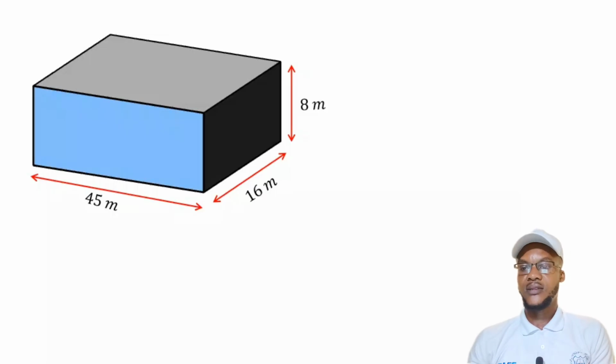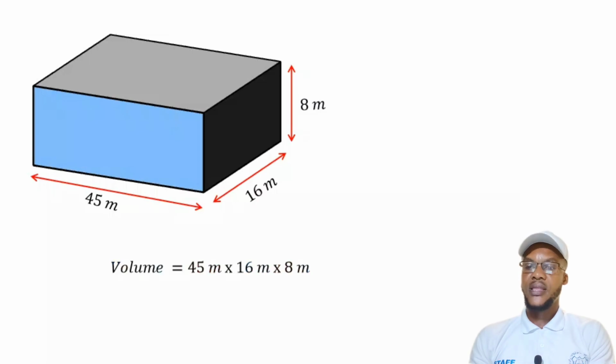So if you look at this nice cuboid here, finding the volume is very, very easy. Volume is just length times width times height. You just multiply these three dimensions and you are good to go.